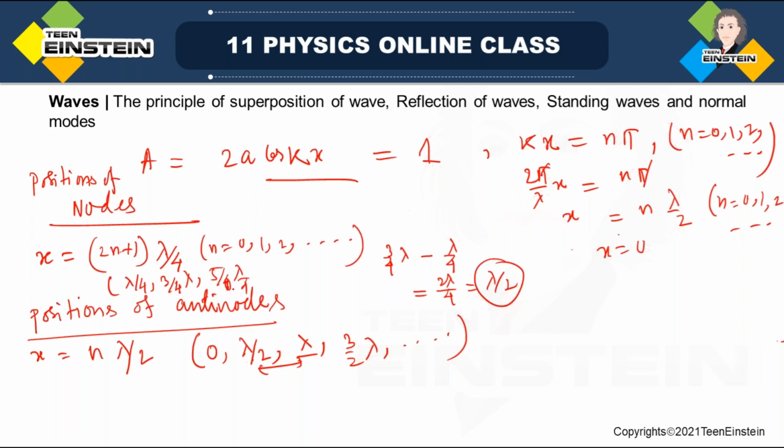So consecutive nodes are lambda by 2 distance away, and consecutive antinodes are also lambda by 2 distance away from each other.